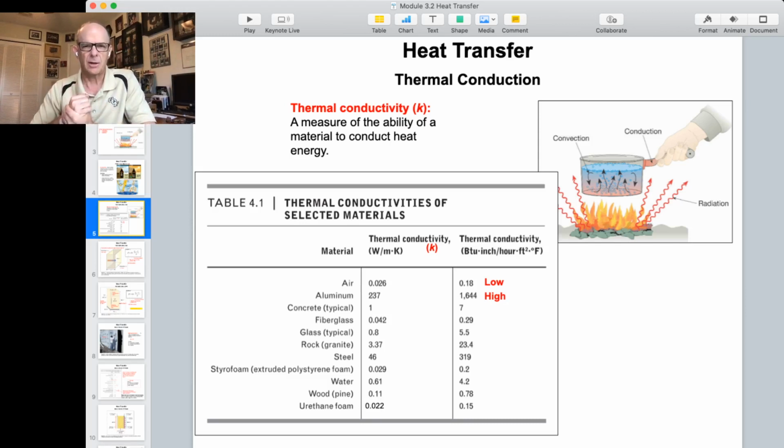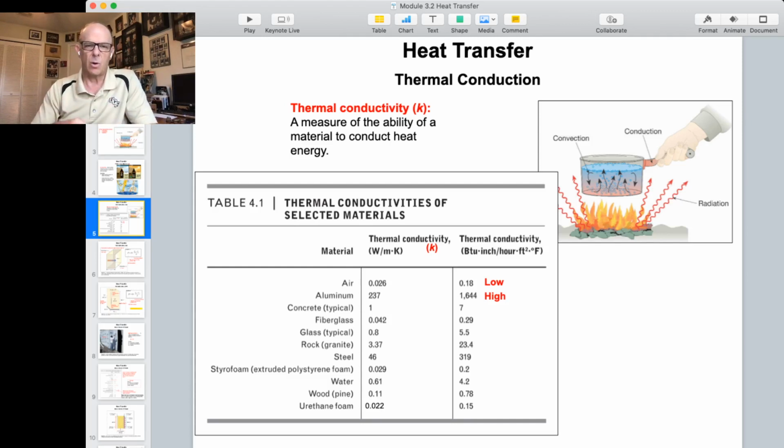Notice that if I have a 10 times bigger temperature difference, I'll have a 10 times faster flow of energy. Watts is power, it's flow of energy. So a small number for thermal conductivity would make something a good insulator, and a large number means it's a good conductor of heat.